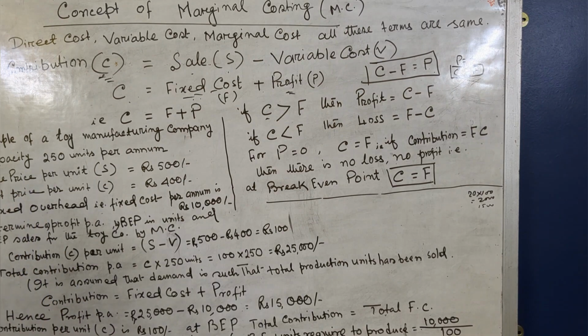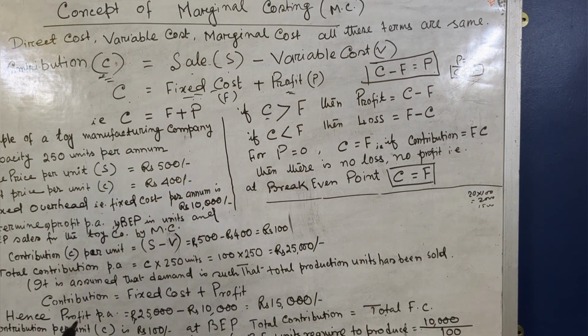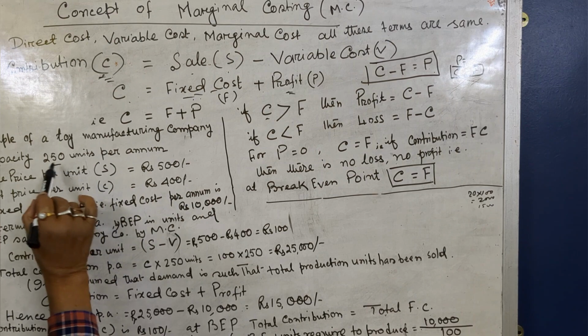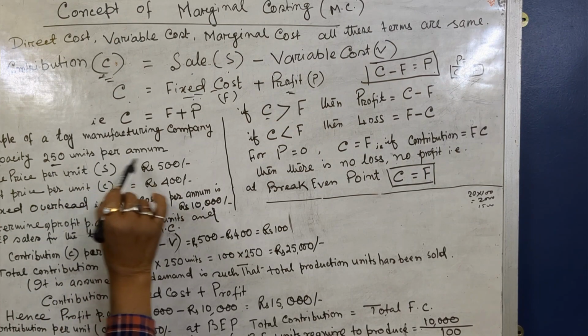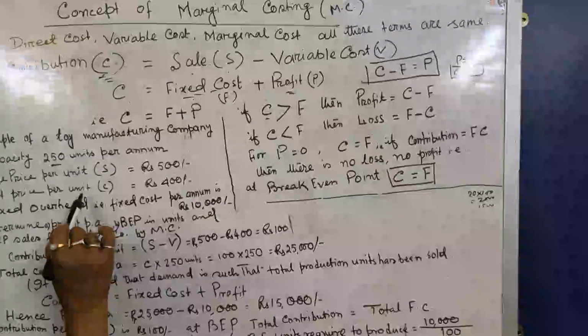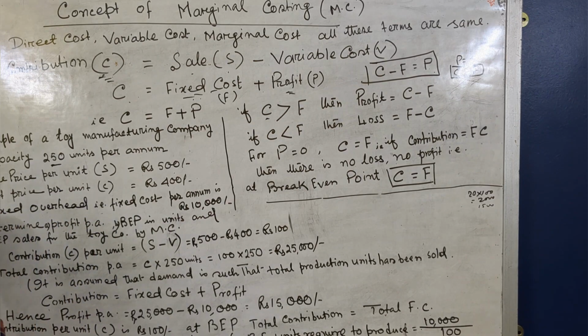Now I am going to discuss through a numerical example. We are considering a toy manufacturing company. The capacity of the toy manufacturing company is say 250 units per annum. Sale price per unit is 500 and cost price per unit, meaning variable cost per unit, is rupees 400.